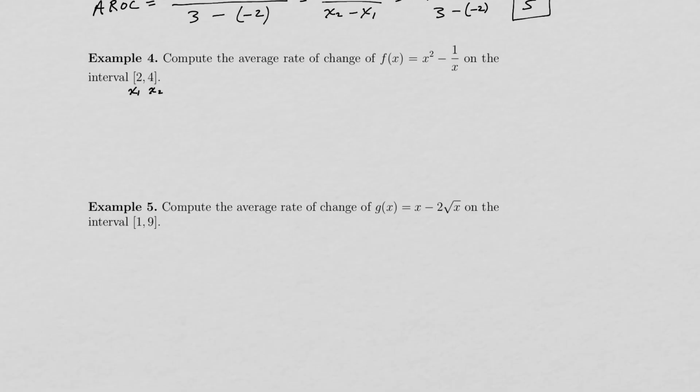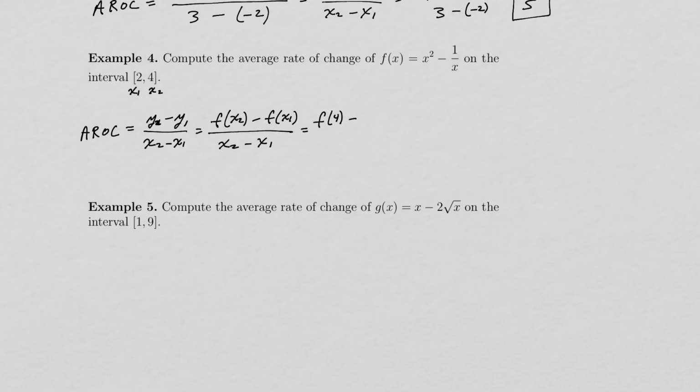So average rate of change, here, I'll write it out again. It's y2 minus y1 over x2 minus x1. But that's the same as f of x2 minus f of x1 over x2 minus x1. So this is going to be f of 4 minus f of 2 over 4 minus 2.